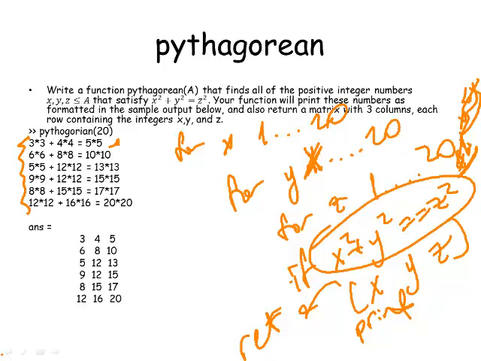So if y goes from x to 20, then inside the y for loop, you are guaranteed that y will never be smaller than x because you are starting the iterations from the value of x. Now you are avoiding the cases where x is equal to 4, y equals 3. So those will not be printed. Make sense?